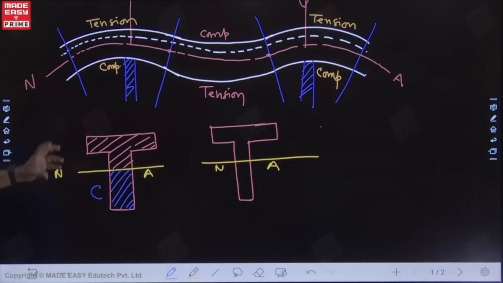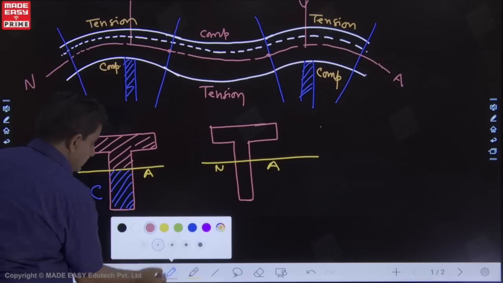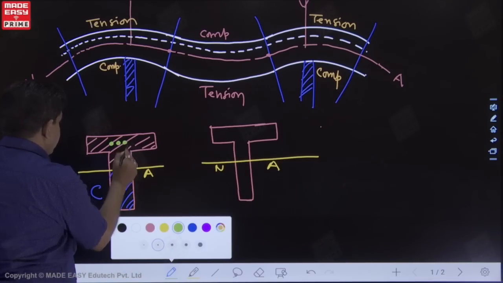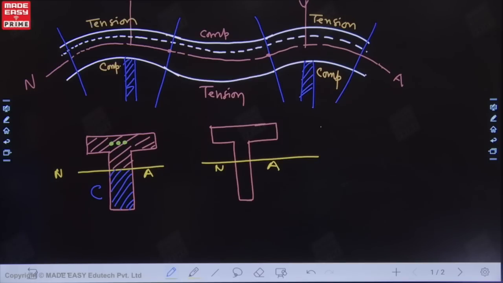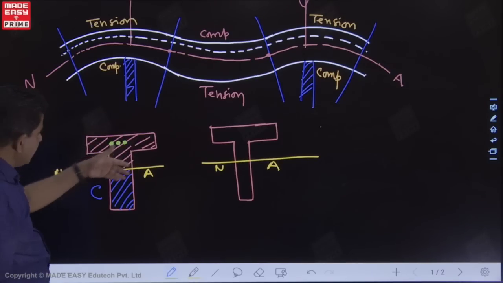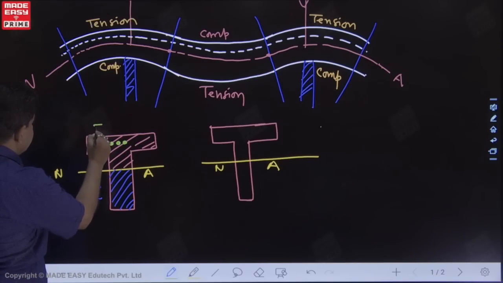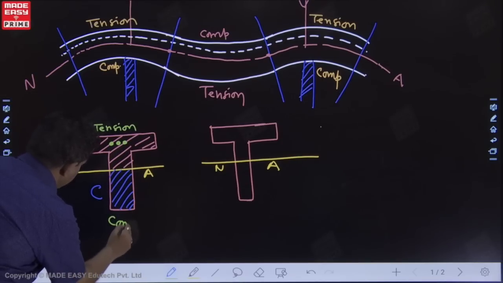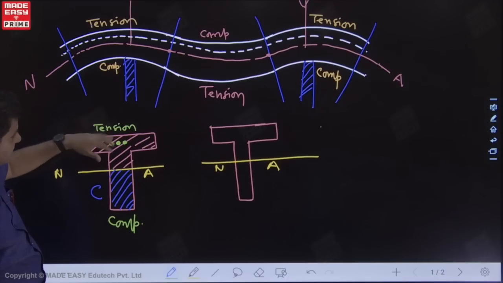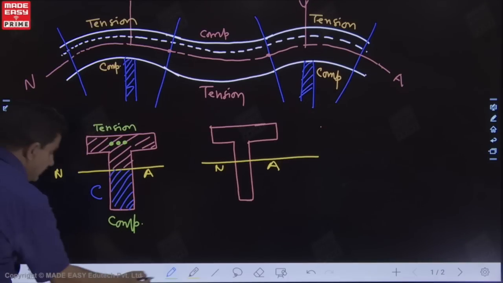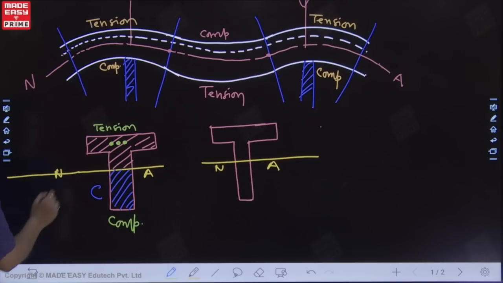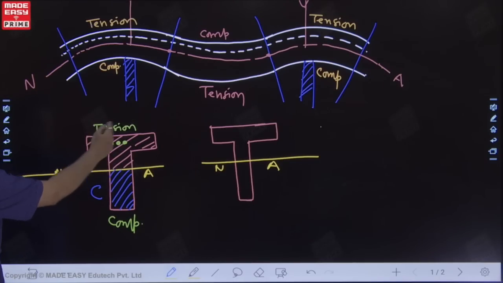What will happen? Where you will provide reinforcement, tension reinforcement you will provide somewhere here. This is equivalent to what? See, concrete area on tension side, this is tension and this is compression. So on tension side, concrete area is completely neglected. So what will become the equivalent cross section of this part?